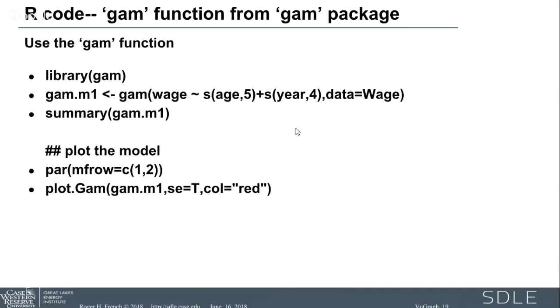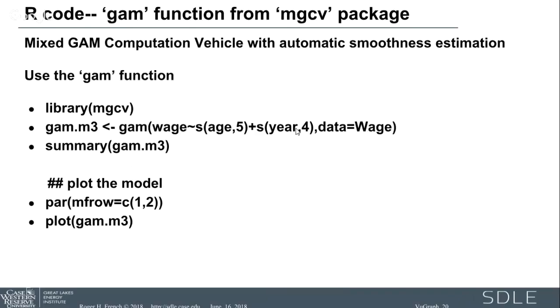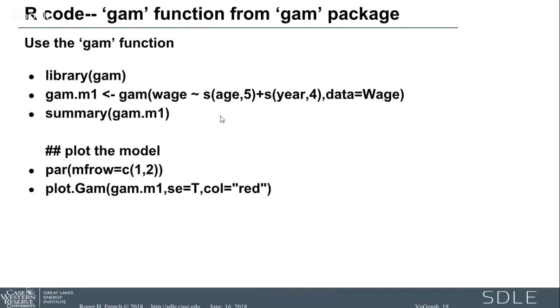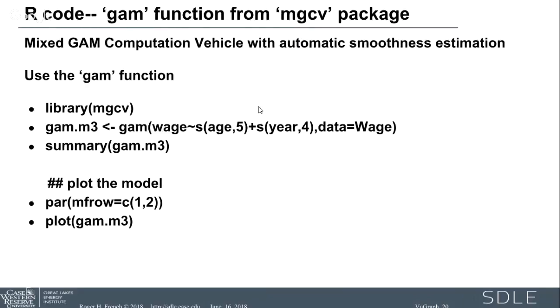The third way is another package called mgcv, which is the mixed GAM computation vehicle with automatic smoothness estimation. It has the same gam function, used the same way as the gam package, and this also uses the smoothing spline. But I will talk about how some summary results differ.